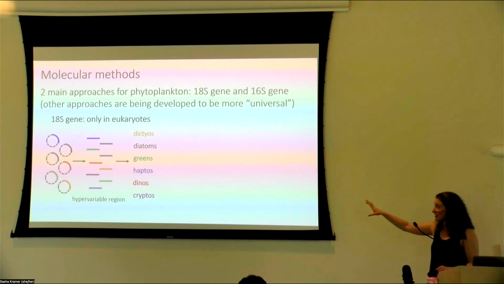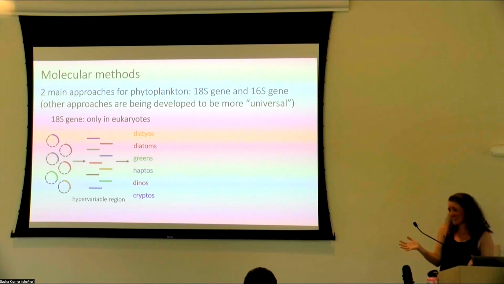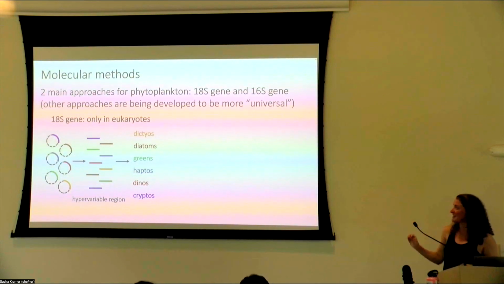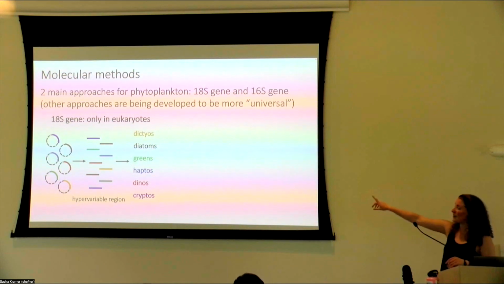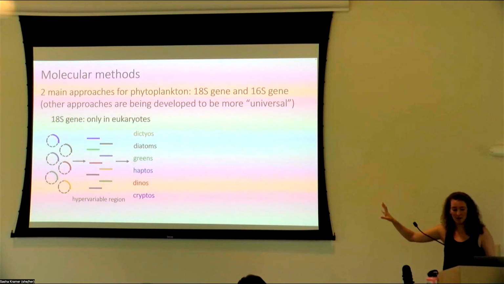So the 18S gene, super useful for eukaryotes. It's not in bacteria. So if you want to characterize your phytoplankton community, but you aren't as worried about the cyanobacteria fraction, you should use 18S. You have your gene, you have your region of interest, you read your hypervariable region, and then you're able to assign those different regions to different phytoplankton taxonomy.